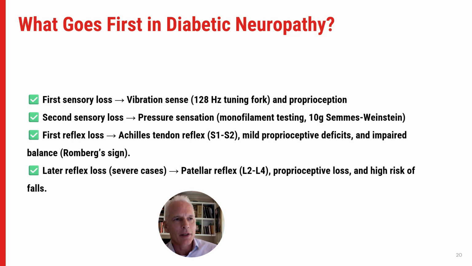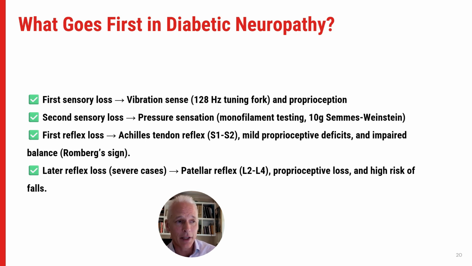So I'm just going to talk about diabetic neuropathy again. As we've mentioned, just in case you've missed it, the first sensory loss to go is typically the vibration sense, and we're going to be talking about a 128 Hertz tuning fork, which may be accompanied by some level of proprioceptive changes. The secondary sensory loss is going to be pressure sensation, and as I've already mentioned, the 10-gram Semmes-Weinstein monofilament is not normal sensation, that is loss of protective sensation, so that will be more significant loss of sensation.